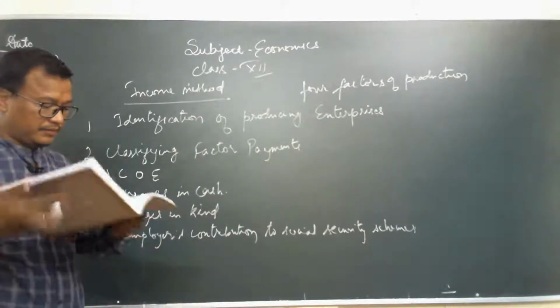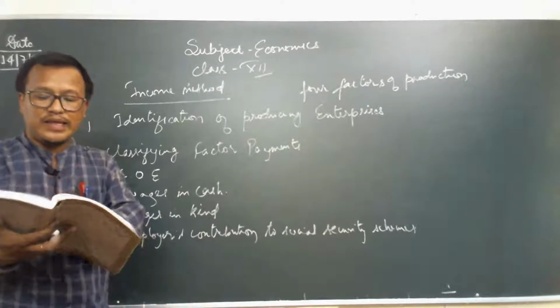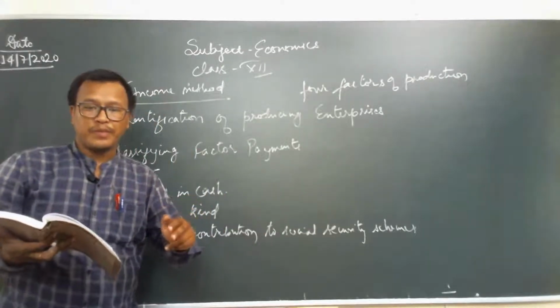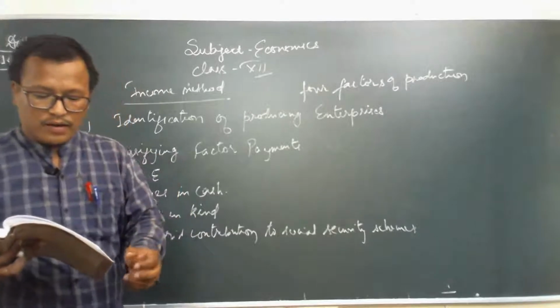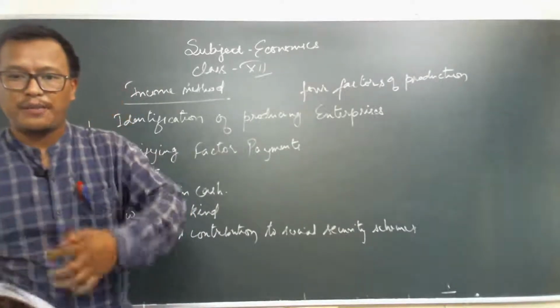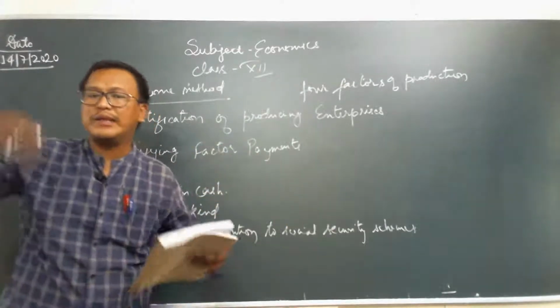And third is employer's contribution to social security schemes, and these are contributions made by the employers to provide for the social security of employees. The employees are not contributing to this, only the employer who has employed the person.